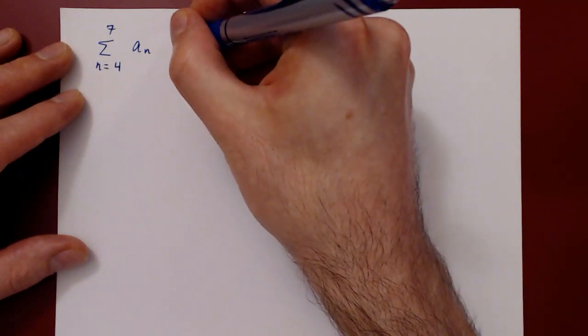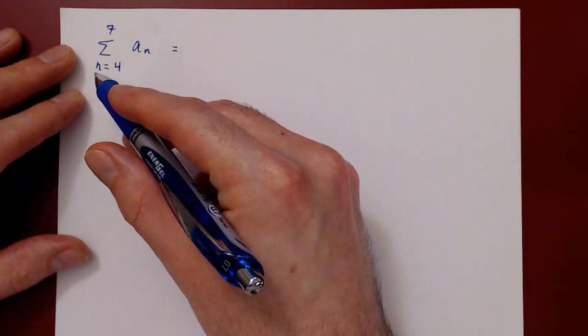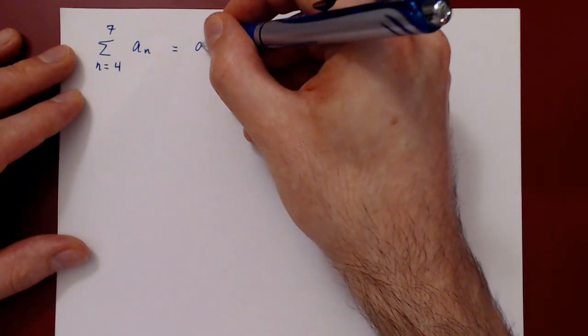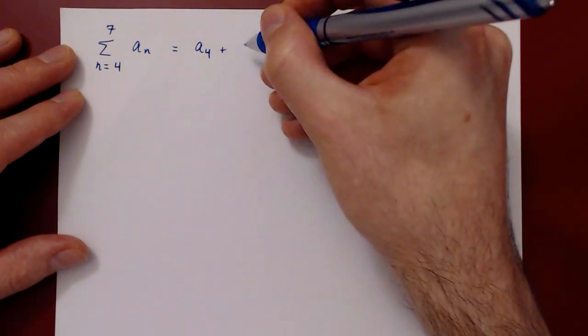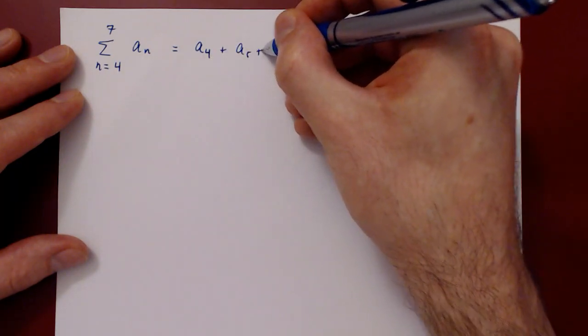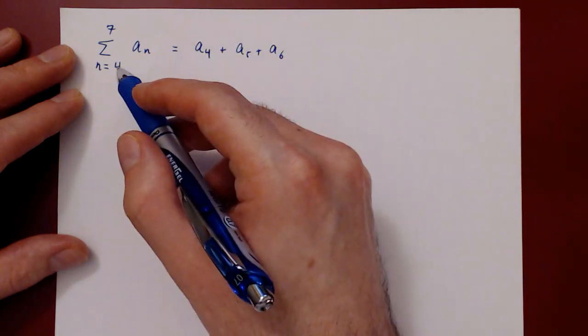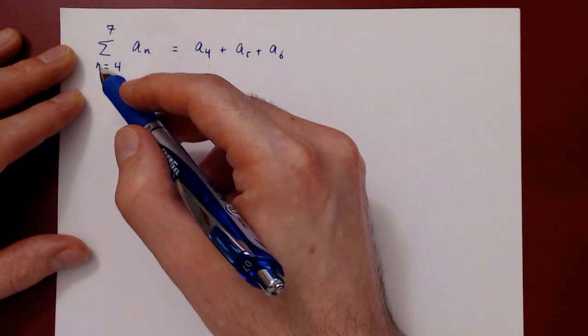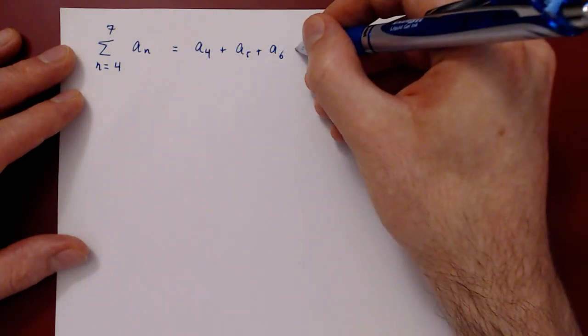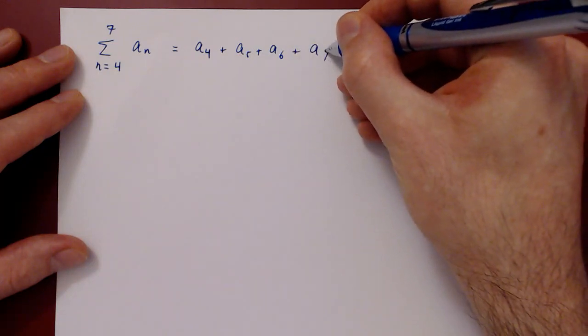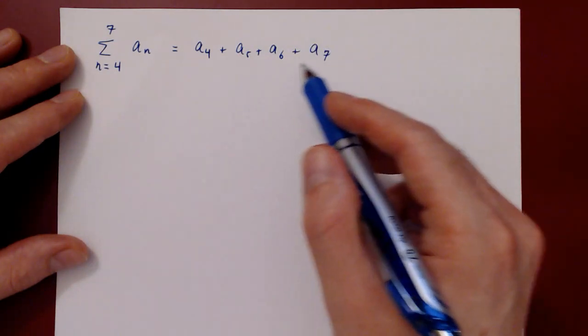If we expand out this summation, n starts at 4, so we get a_4, then n increases by 1 every time, so a_5 plus a_6, all the way up to the upper bound of summation when n equals 7. So we have a summation of 4 terms.